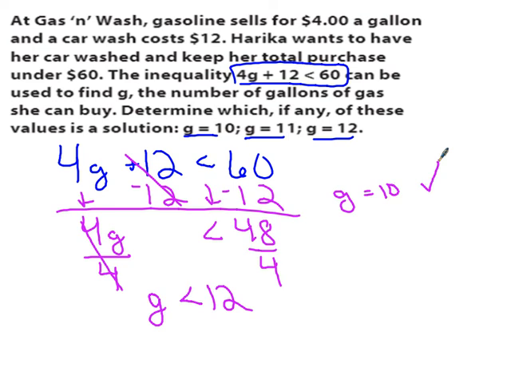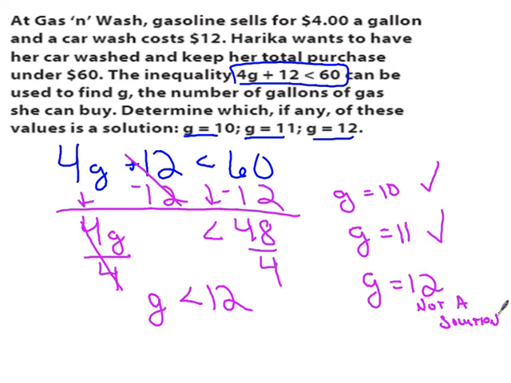G equals 12 is not a solution because the amount of gallons she has to buy to keep her price under $60 has to be less than 12. 12 is equal to 12, so it would not be a possible solution for this particular scenario. So 12 is not a solution. The possible solutions would be 10 and 11.